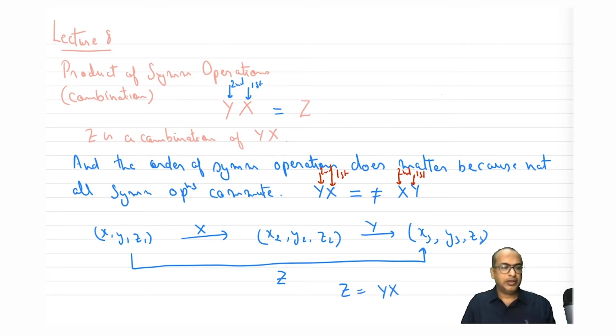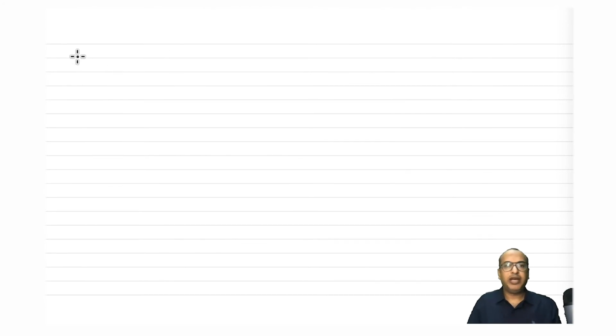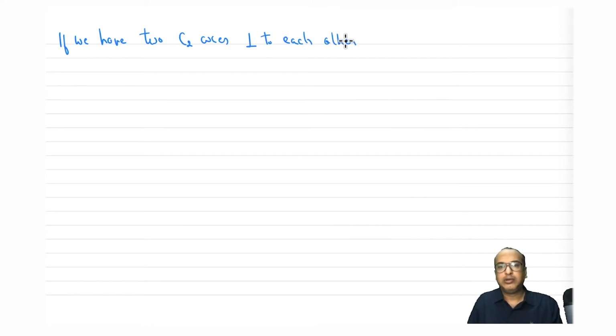Let's take an example. If we have two C2 axes perpendicular to each other, there exists a third C2 perpendicular to both.